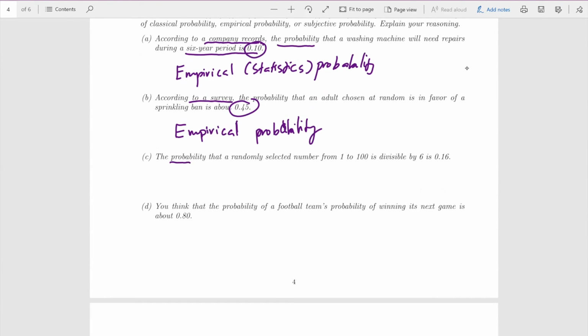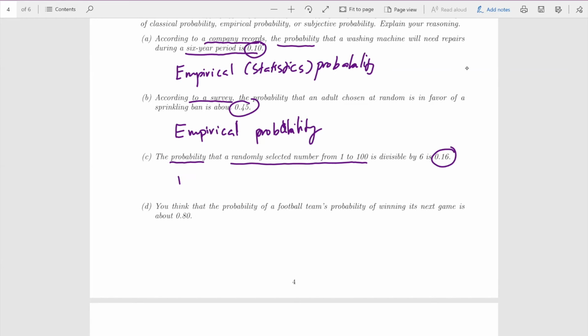The probability that a randomly selected number from 1 to 100 is divisible by 6 is 0.16. So this is a number that you get from theory, because you can actually count the numbers divisible by 6 from 1 to 100, and then you can find the probability of that.